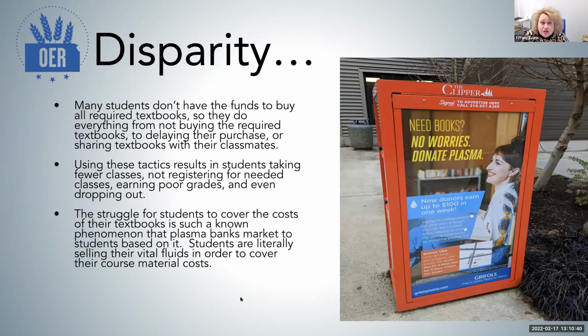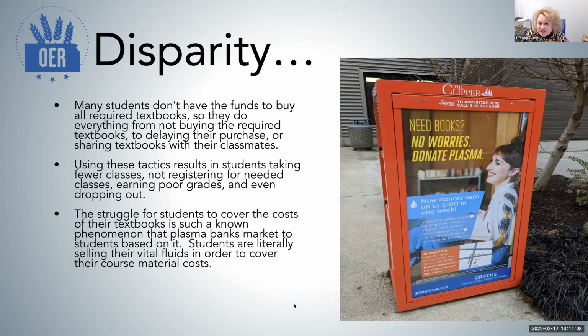Many students don't have the funds to buy all the required textbooks. So they do everything from not buying them to holding out on buying them to sharing them, hoping there's an old version of the text in the library. And all of that equals to students not doing well. They are taking fewer classes.